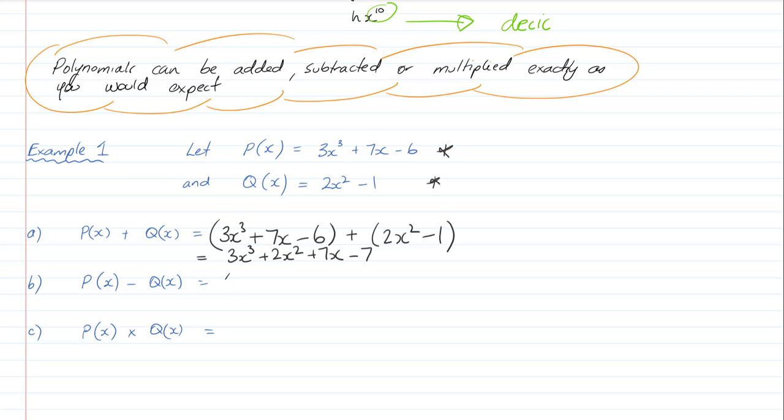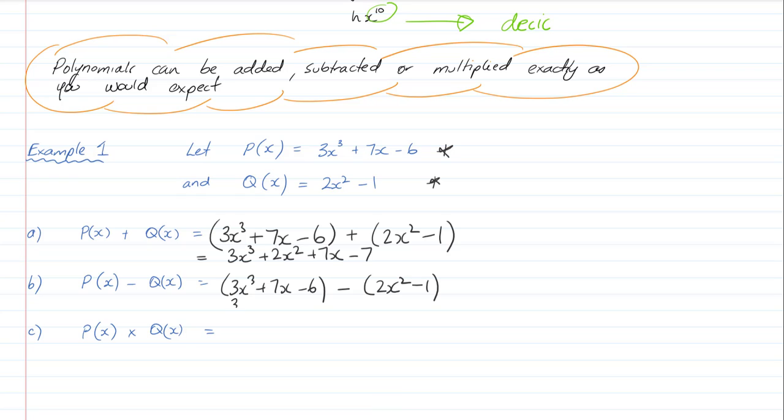p(x) minus q(x), again as you would expect, 3x cubed plus 7x minus 6 minus 2x squared minus 1. This gives me an opportunity to just go through with you and make sure that you are reminded of the fact that when you're subtracting terms like this where there's brackets involved, you have to be a bit careful.